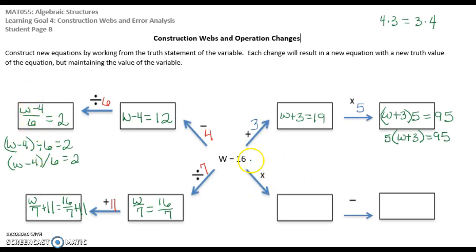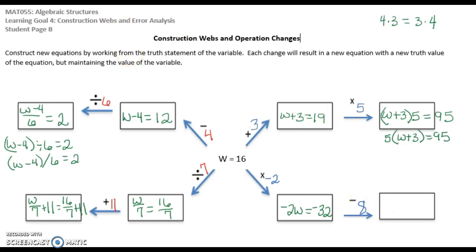Now lastly, we want to go down to the lower right-hand side, and I'm going to multiply by negative 2. And when I multiply by negative 2, I'm going to get negative 2 times w equals negative 32. And now lastly, let's just pick another number, and let's say we're going to subtract 8.